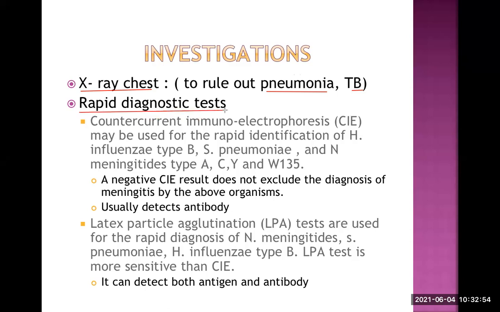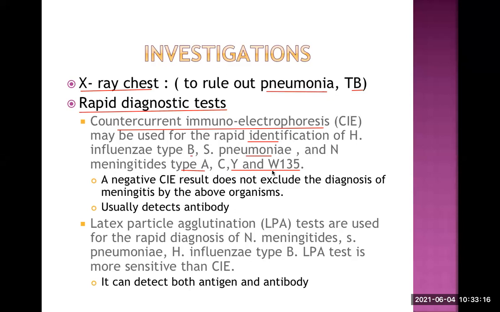Rapid diagnostic tests are done to find out exactly which pathogen is responsible. Counter-current immunoelectrophoresis may be used for the rapid identification of Haemophilus influenzae type B, Streptococcus pneumoniae, and Neisseria meningitidis types A, C, Y, and W135.